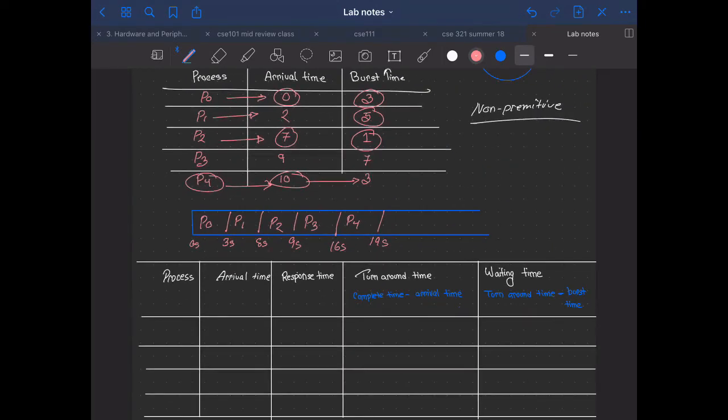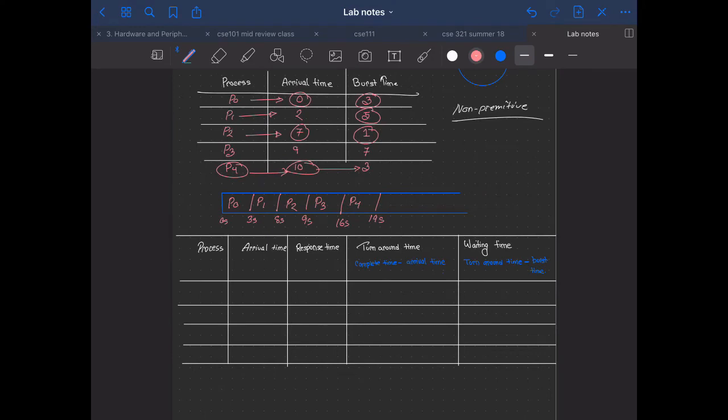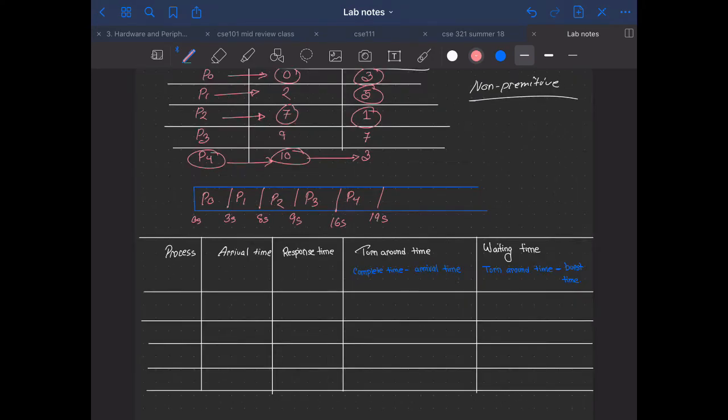Okay, so let's fill up this main table, which is the main answer for this question. Our main task here is to fill up this table, so let's dive into it. The processes are P0, P1, and we're going to maintain a sequence: P0, P1, P2, P3, P4, and the sequence is basically when each process gets the CPU.